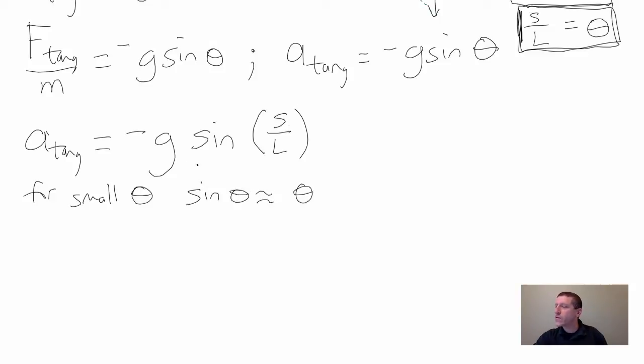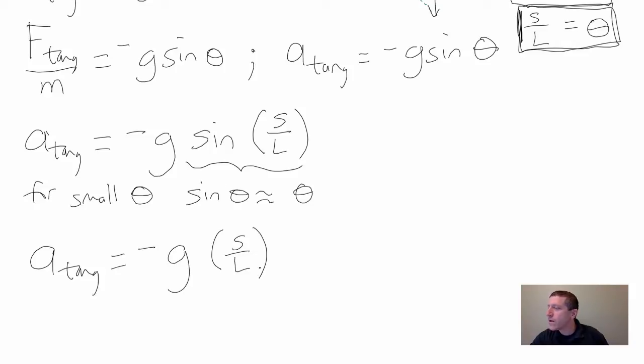So for sine of s over L, I can just make that like this: a tangential equals negative g times just s over L.